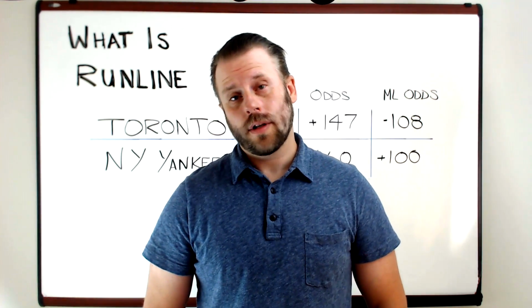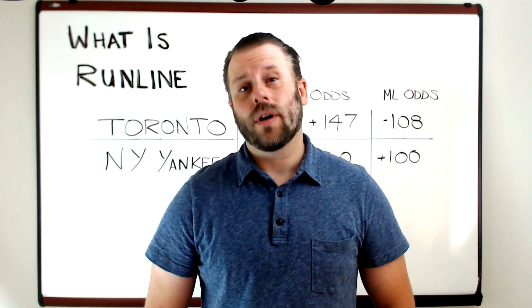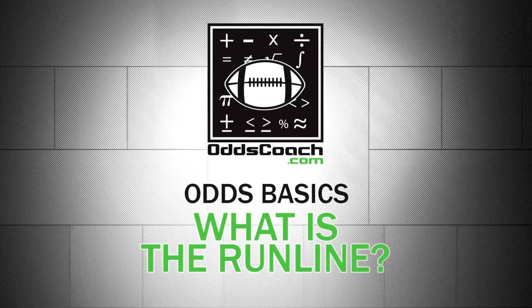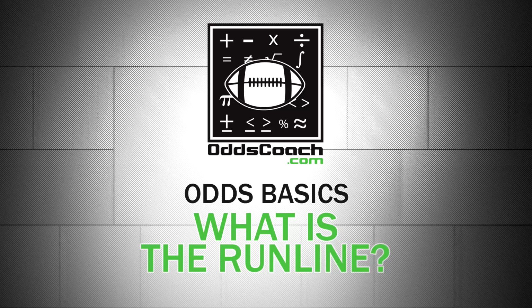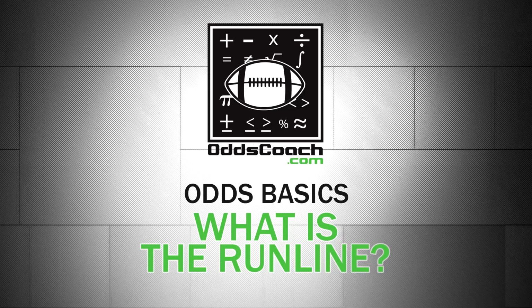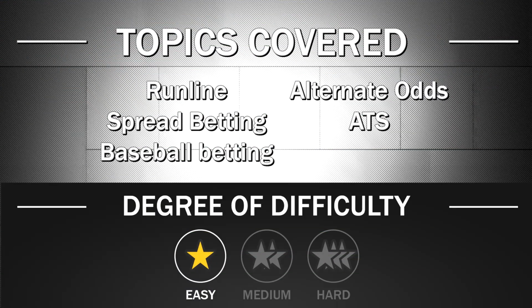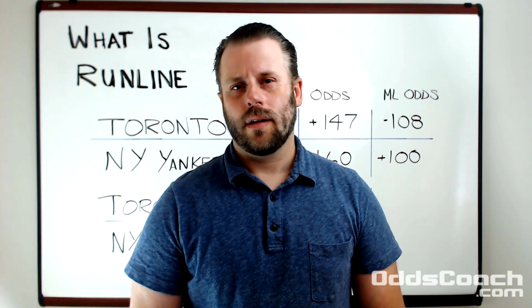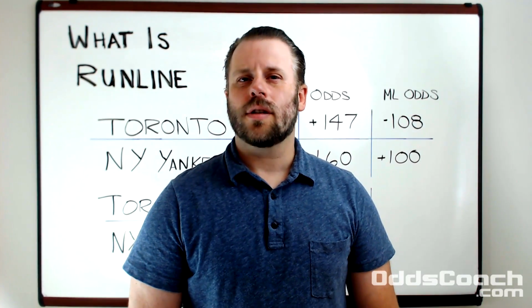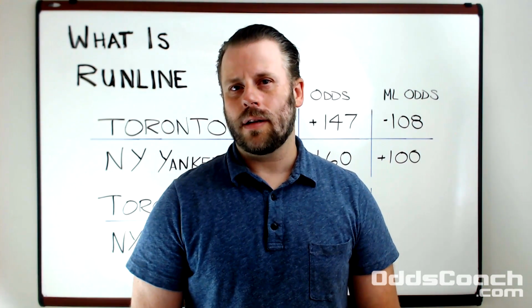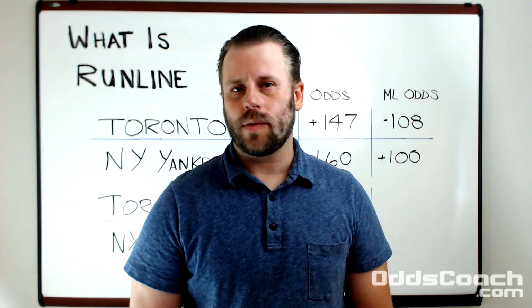I'm the odds coach. Today we're going to cover off what a run line is in baseball. The run line is just a form of spread betting designed specifically for baseball.